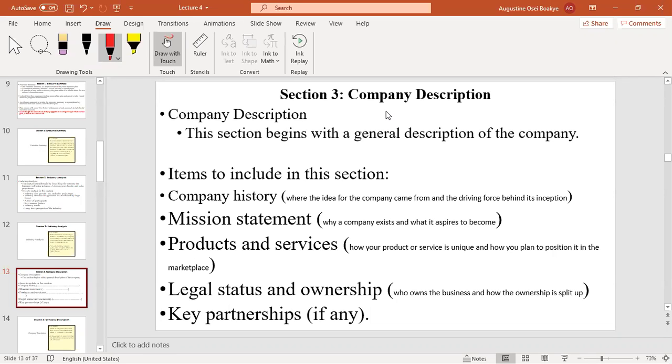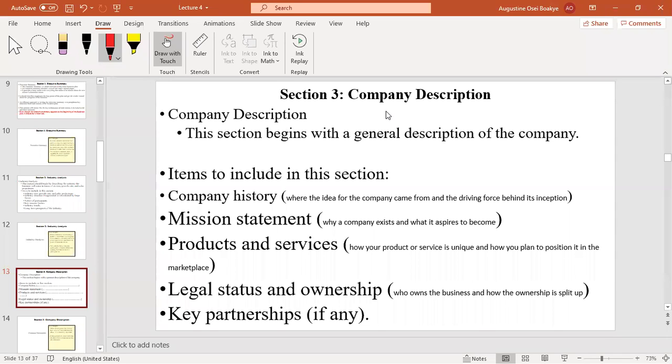We also expect to see the mission statement of the company, basically a definite statement indicating what the company stands for or why it exists in the first place, what it aspires to become in the future as far as its vision is concerned. Then the main products and services that the company thinks it can actually add value to by churning out.